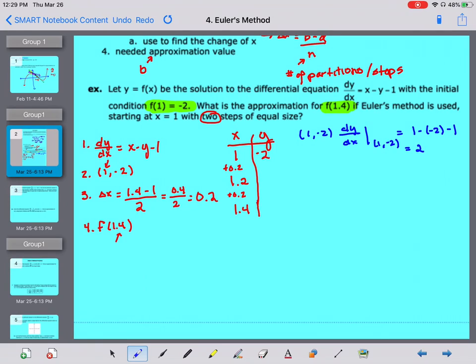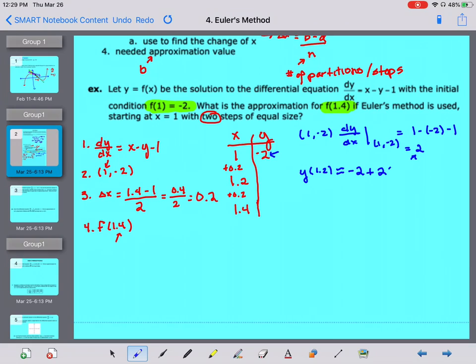After that, it's about setting it up in our tangent line approximation. Our tangent line approximation said the new y value at 1.2, and actually I'm going to use this notation really quickly to help us keep organized. So the y value when x is 1.2 is approximately our y value before, which is this y value that we know, so -2, plus my slope, which is right here.